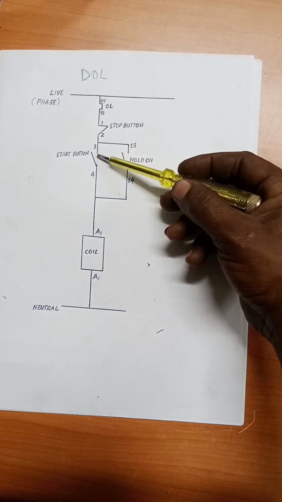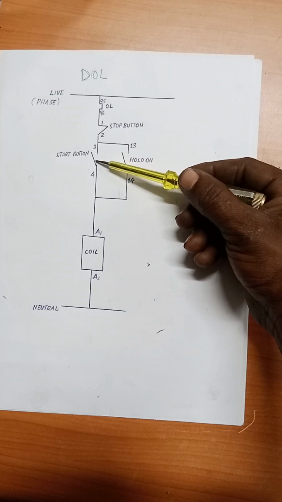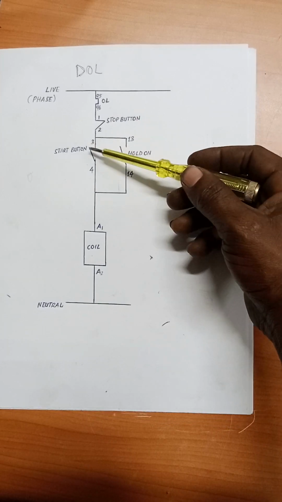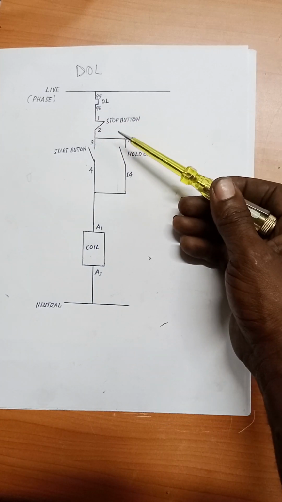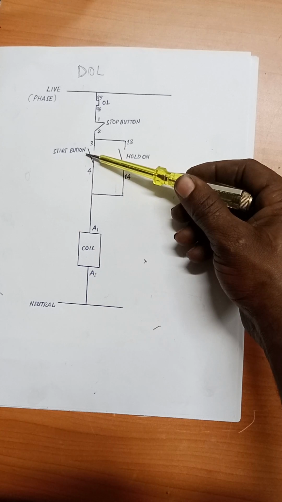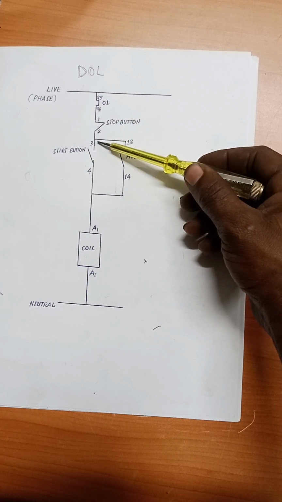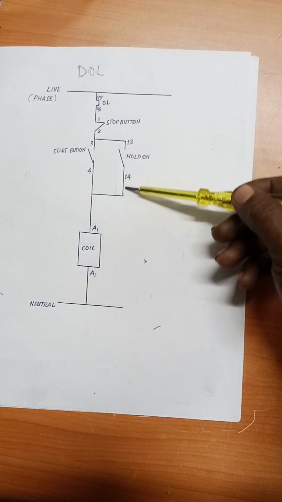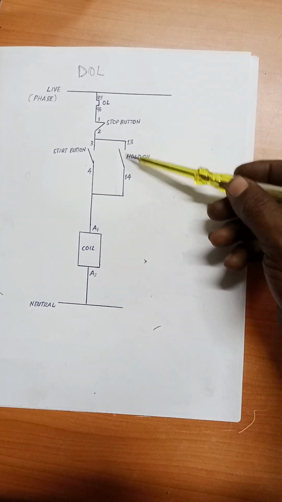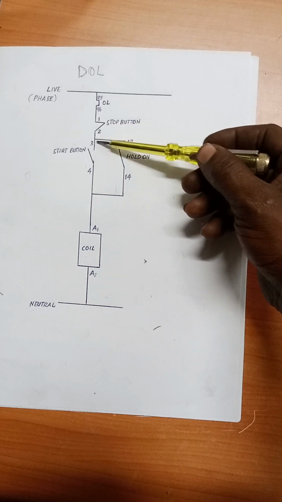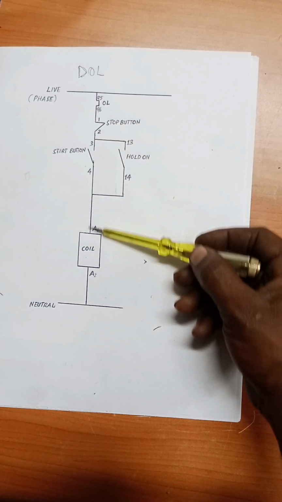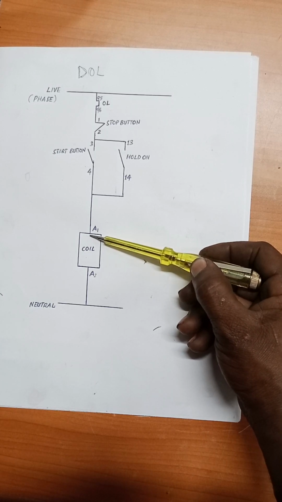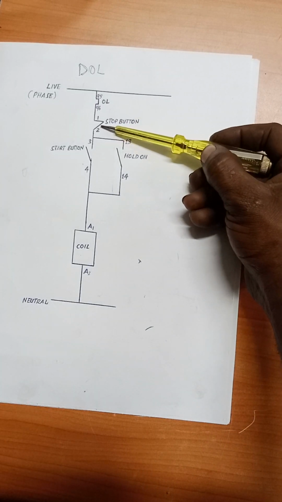But when we press only the start button, our circuit will be on. When you press the start button and leave it, the circuit will be on because we have hold on contact here, 13, 14. The power will pass directly through this way, and the contactor always will be on. It will be off only when you press the stop button.